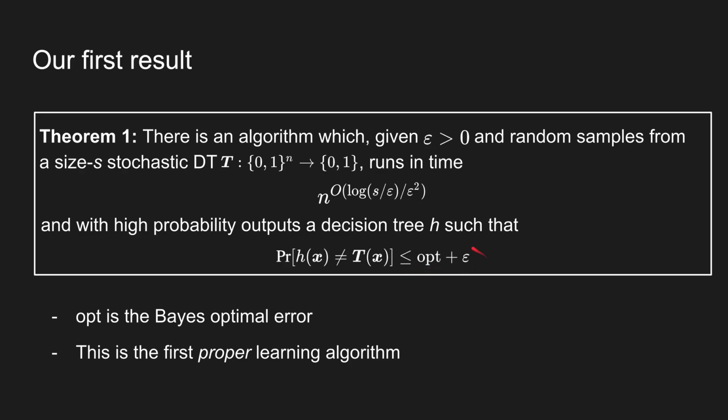So I need to interpret this. I haven't yet defined what opt is or why this decision tree is deterministic. So opt is the Bayes optimal error. It's the best error of any possible function with respect to this stochastic process. The reason opt isn't zero is, suppose our stochastic process is just 1 70% of the time and zero otherwise.